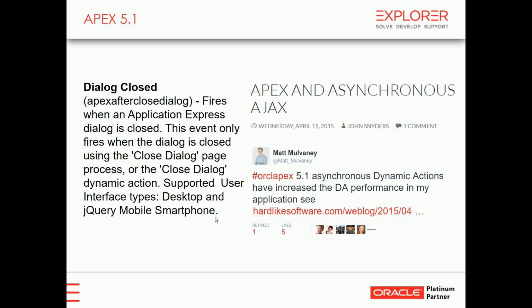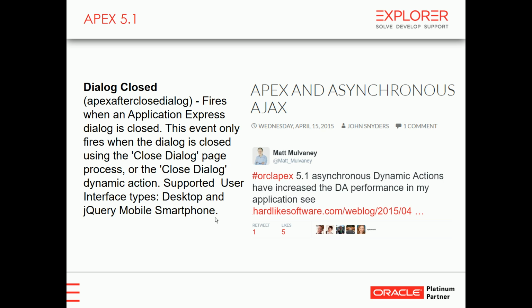Okay, so that's the demonstration over with. Coming next in 5.1, well, I've been through the documentation, the beta documentation, and dialog closed makes an appearance, which is the browser event Apex after closed dialog. That event was available.